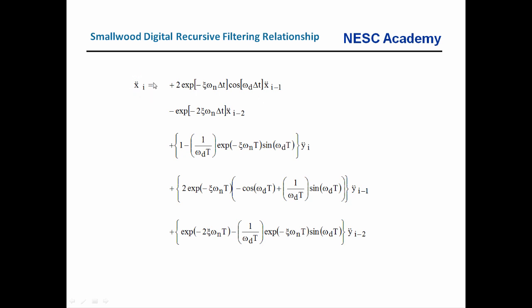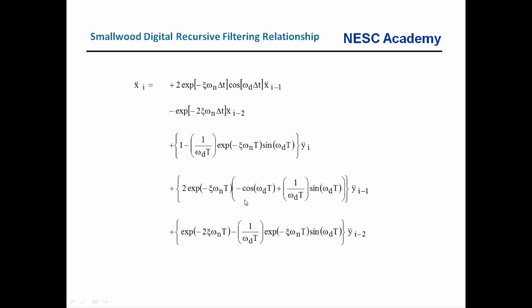So this equation solves for the absolute acceleration of the mass at index I, that's the time index, plus this coefficient times the absolute acceleration 1 time step ago, minus this coefficient times the absolute acceleration 2 time steps ago. Again, these 2 terms make up the recursive part of the equation.